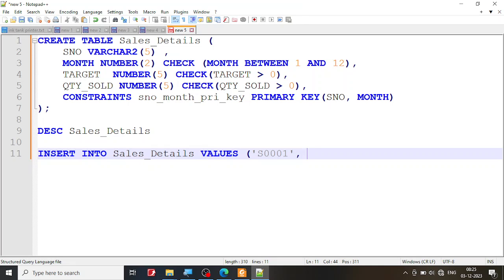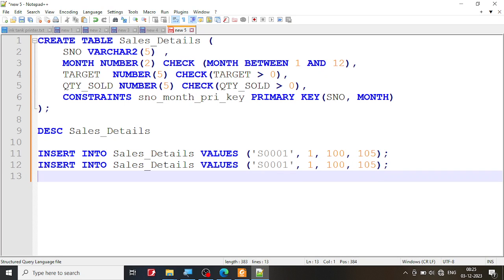Let me take this month as the first month, that is January. So this first part is the serial number, and the second part is the month number. And let's look at the target. The target given was 100 for the salesman, and the salesperson was able to produce more than 100 items, so he or she has sold more than 100 items.